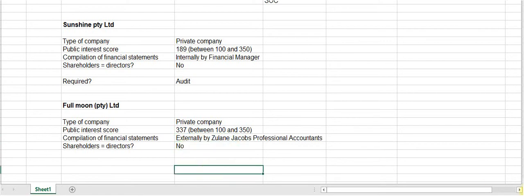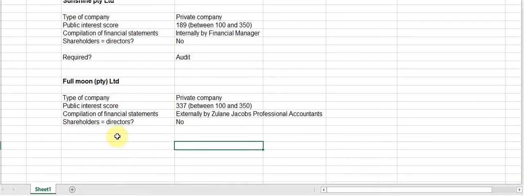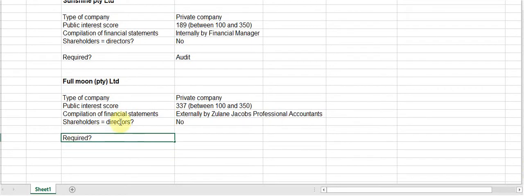No. In this instance, what will be required? Well, we have a public interest score of 337, between 100 and 350, but it is externally compiled. So what is required here will be an independent review.